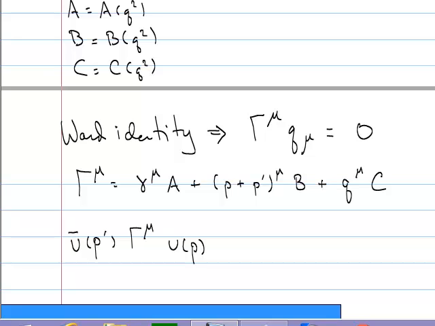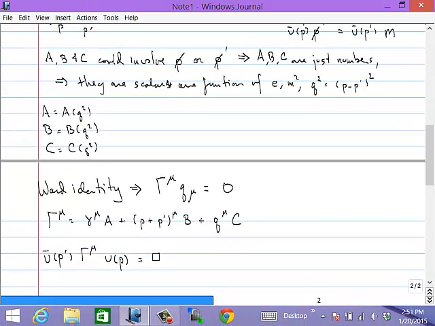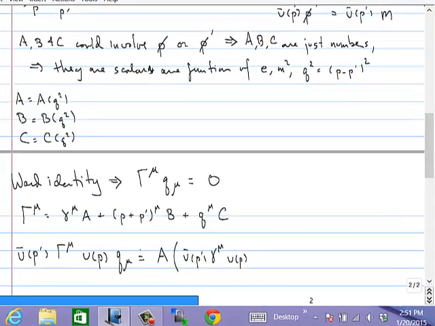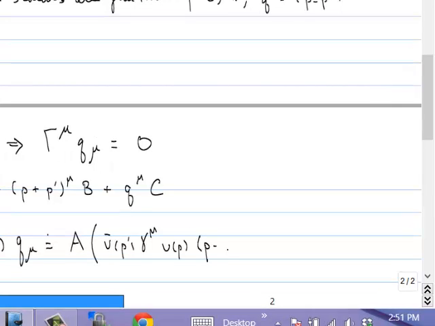So coming from the A term, let's contract that with Q mu. You get A times U bar of P prime gamma mu U of P times Q mu, which is P minus P prime mu.